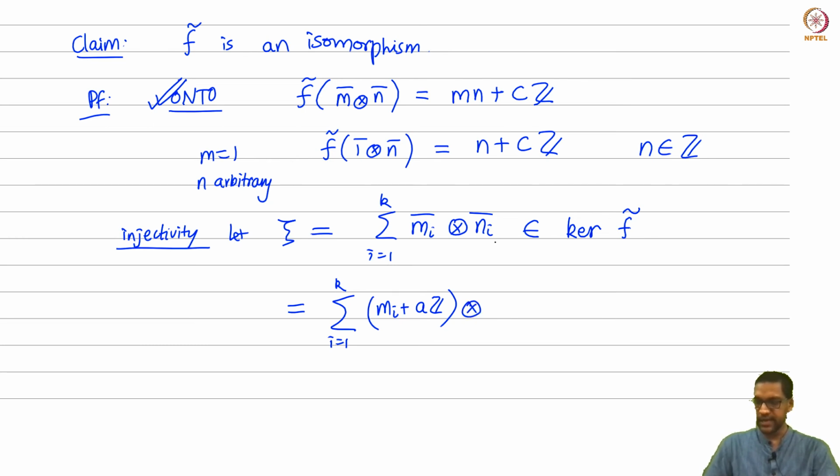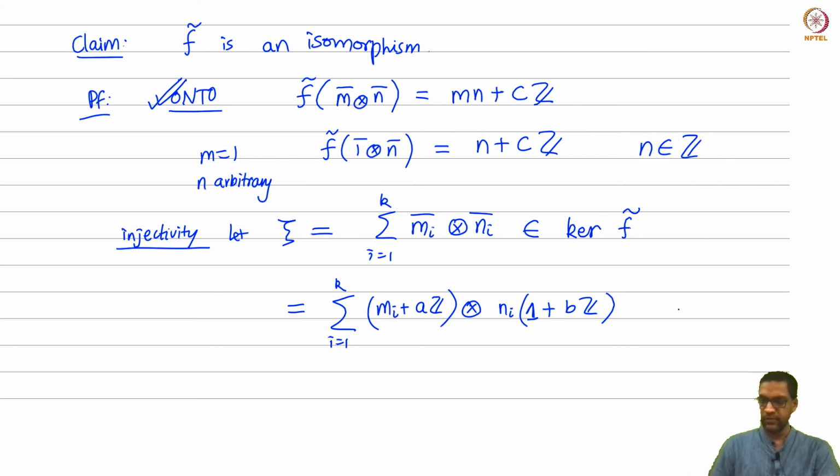and ni bar is ni plus bz, but I can think of it as follows. I just take the particular coset 1 plus bz, and I multiply it by the scalar ni, right? That's the Z module structure on Z mod bz. So I can just think of it as scalar multiplying the coset 1 plus bz by the integer ni, the scalar ni.